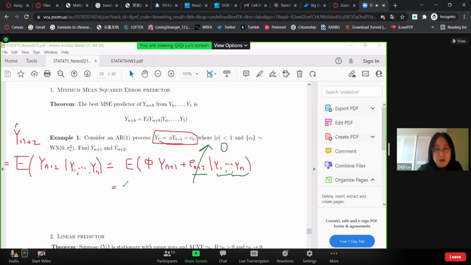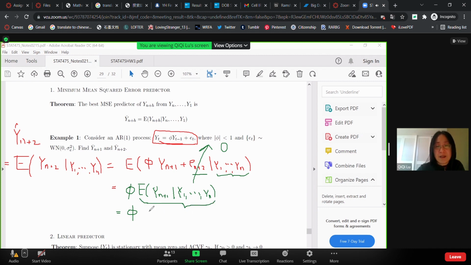And then the first term, we have the expectation of y_{n+1} given y_1 to y_n.